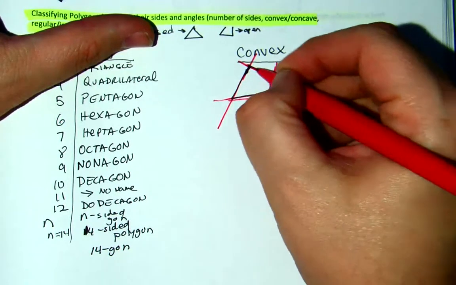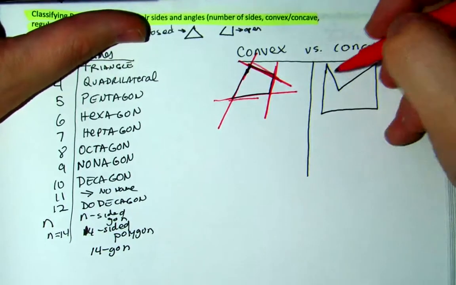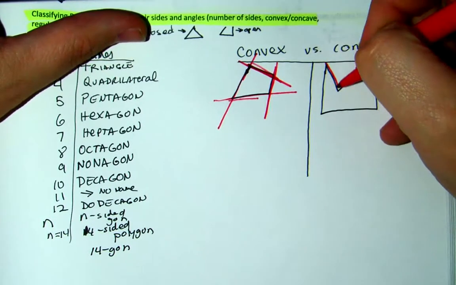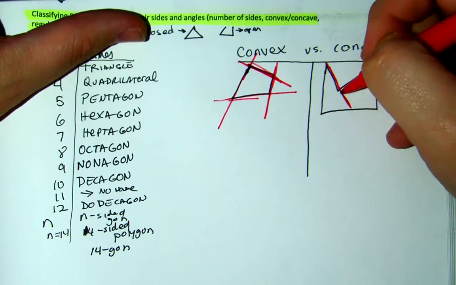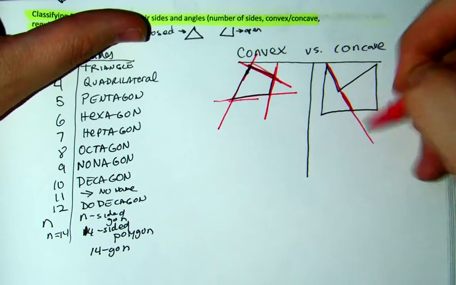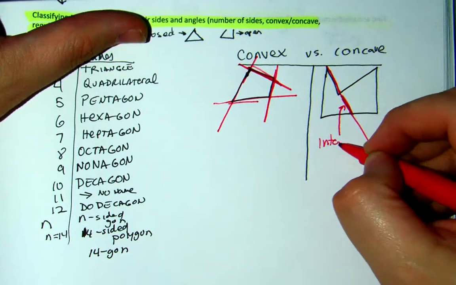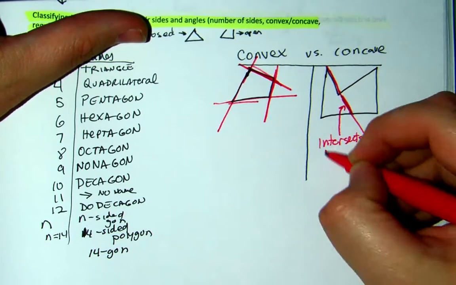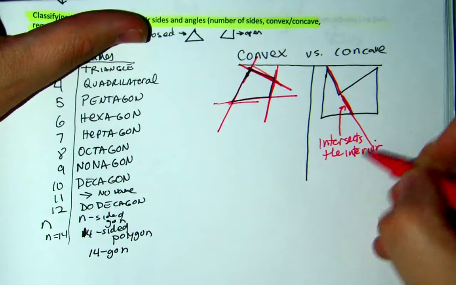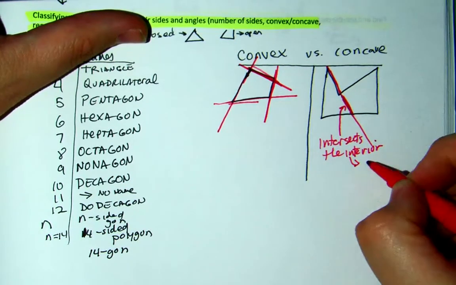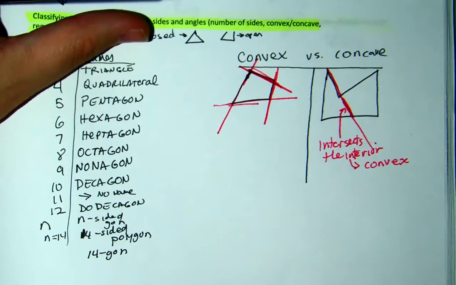And so basically the sides are the borders for that. For this, we extend this side right here, it intersects right there. So it intersects the interior. So therefore, it's not convex. Those are the big differences.